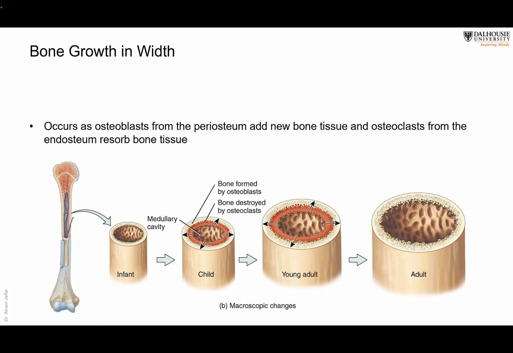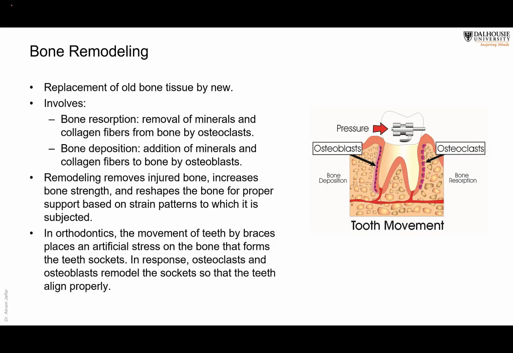Also, the bone grows in width, and this is a process between osteoblasts and osteoclasts. The osteoblasts in the periosteum are laying down bone, and the osteoclasts in the endosteum, which lines the medullary cavity, are eating the bone, and so the bone increases in width. And here is another process where bone remodeling takes place.